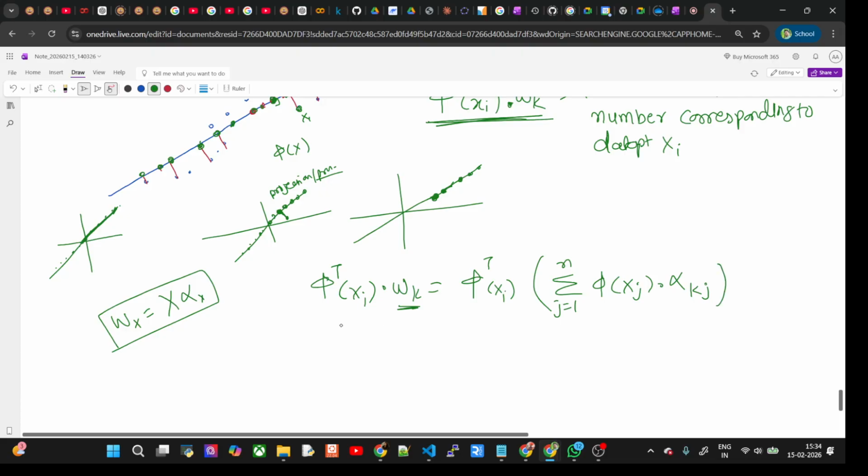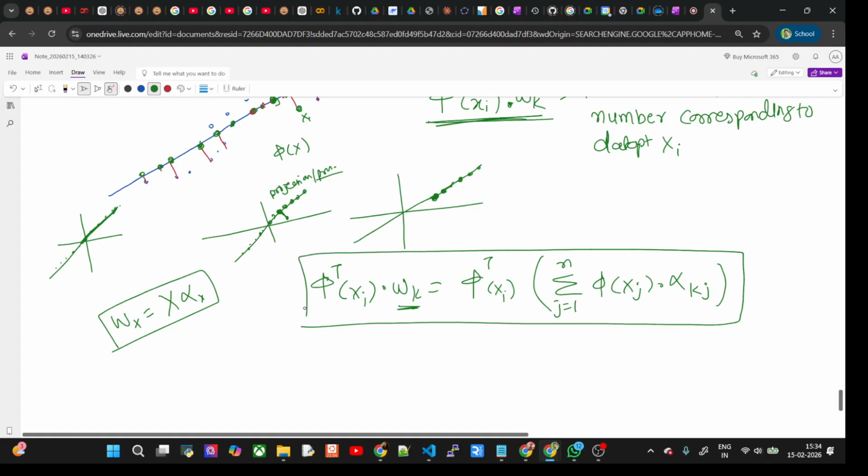Because I mentioned it, w transpose x or x transpose w is the same. And this value is nothing but, because I am now taking everything inside, this phi of xi I am just taking inside, because this is a summation of j equal to 1 to n.